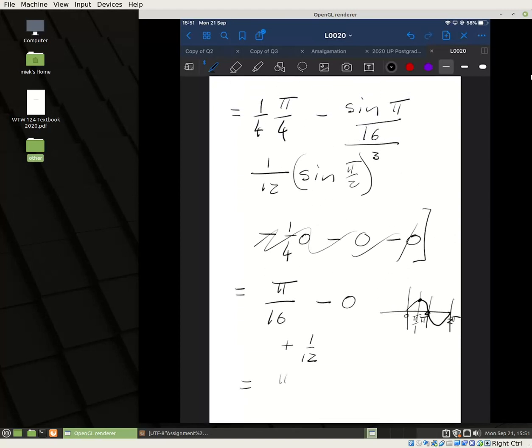So finally, pi over 16 plus 1 over 12 is what I get. Okay, and that is it for this example. I will see you in the next one.